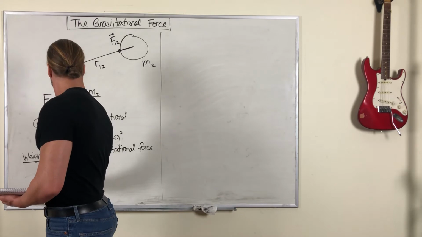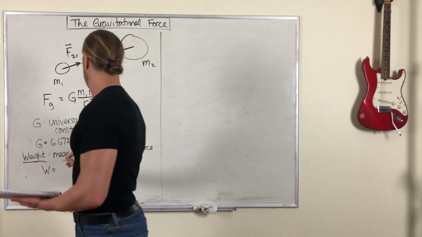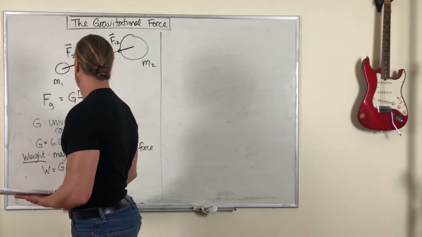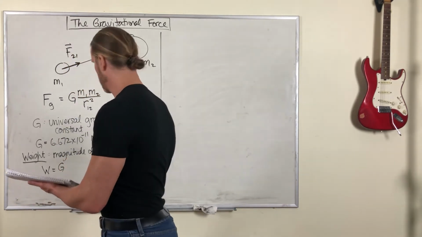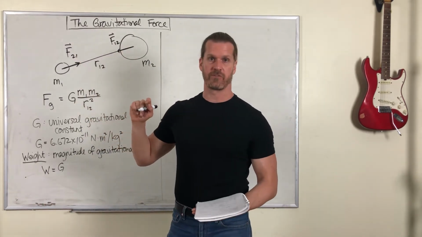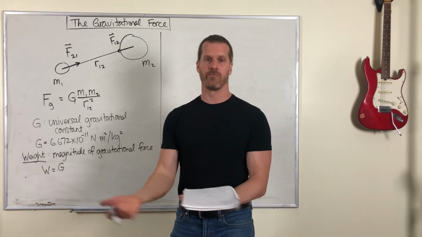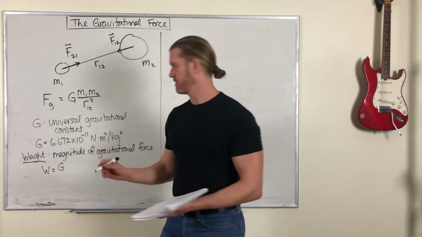So, in other words, weight is whatever this value is. And imagine that one of our two objects here is planet Earth, and the other is you or whatever objects we want to weigh.